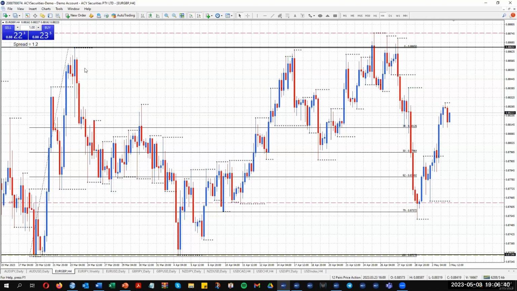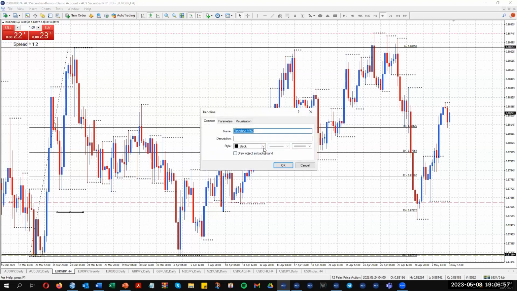All right, so you could be, as price is moving up, buying at the 79 level here, stop below the low, targeting the top of the range. That would be another entry technique.